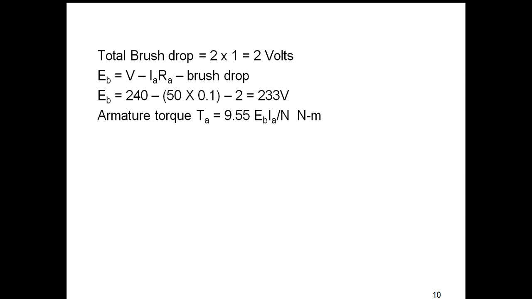And to find the armature torque represented by TA, or it may also be called as gross torque, the formula which we have developed is 9.55 EB IA by N Newton meter.